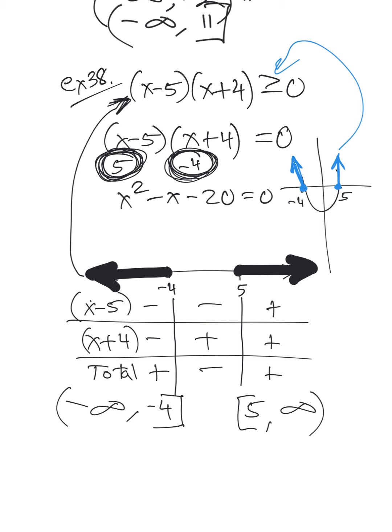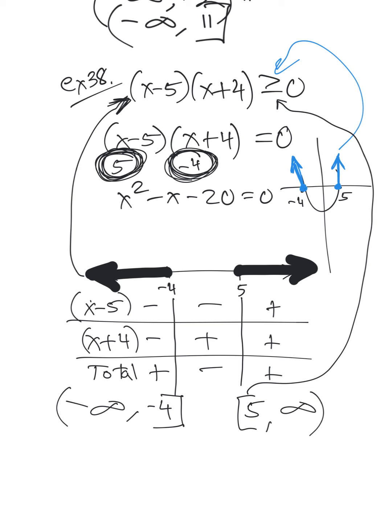Wait, why do we have a bracket? Because it's included. How did you determine that it's included? It has the equal sign. Look up here, there's the bracket, and you have an equal sign. What makes it equal to 0? Because at negative 4 and 5, that makes it equal to 0.